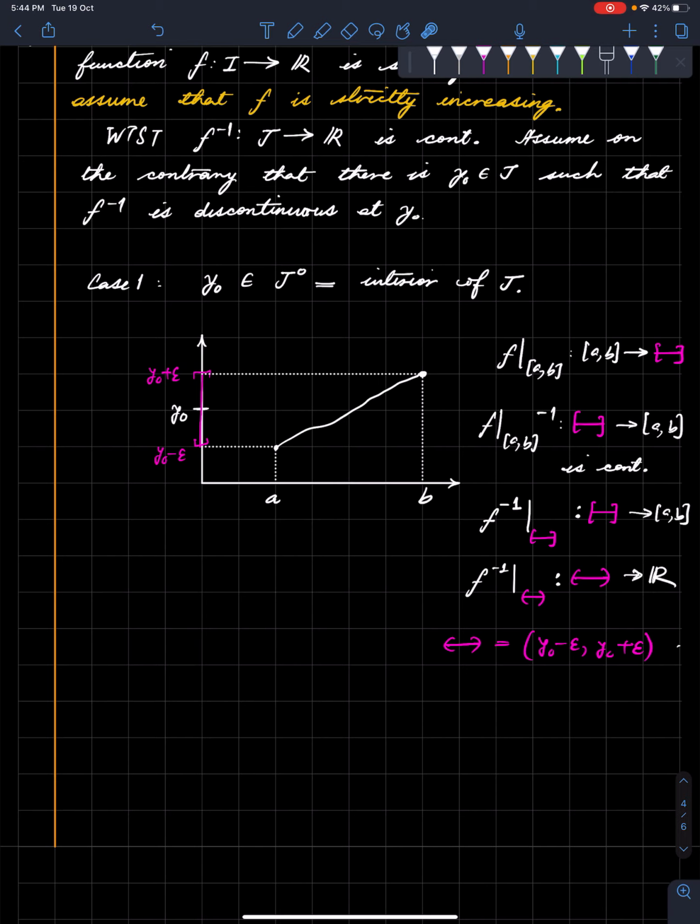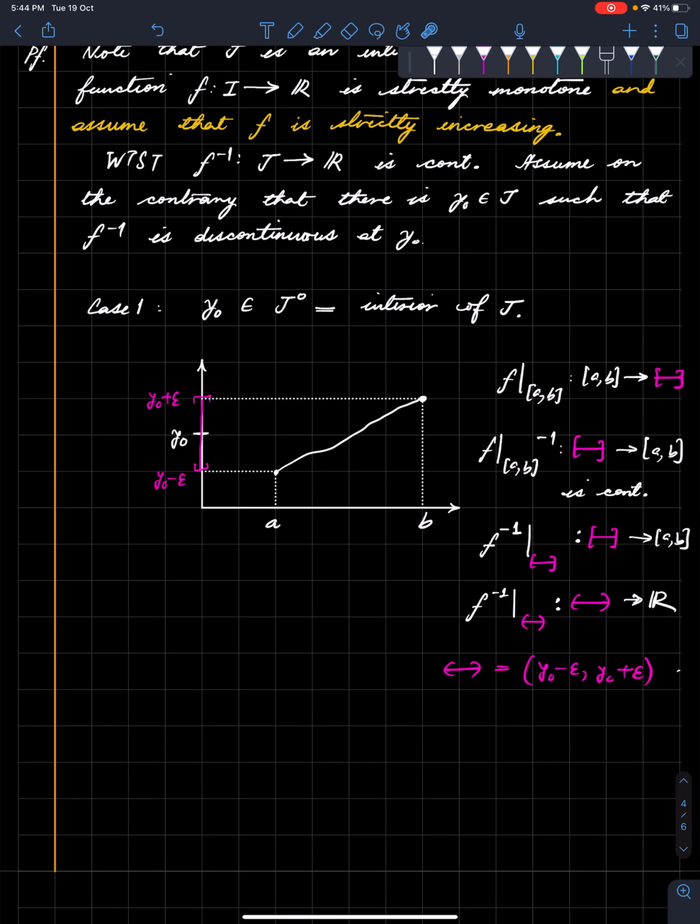But all I'm saying is the following: what we did was, we picked a point y0 in J0 where we assume that continuity of f inverse fails. Then we picked a neighborhood around that, rather a closed interval around that, which is contained in J. We can do that because of this assumption. And we just said that, okay, forget everything about the function f, just focus on this part where a is the pre-image of this guy and b is the pre-image of that guy.